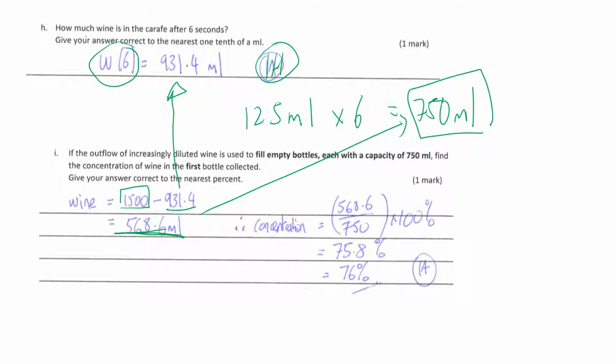So if that's the amount of wine in mils out of a total bottle of 750 mils, it's easy to convert that to a percentage, as you can see on the right, and it turns out to be 76%. So proportion out of the whole times by 100 gives you the percentage concentration.